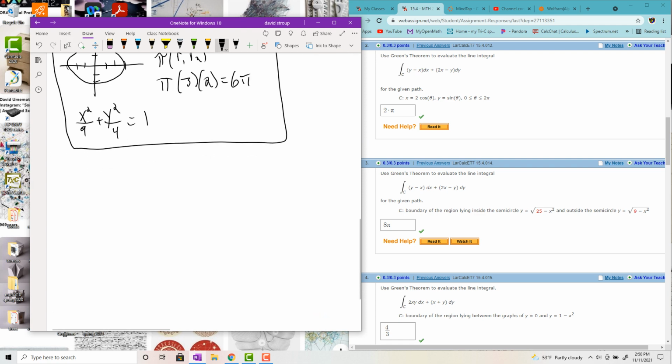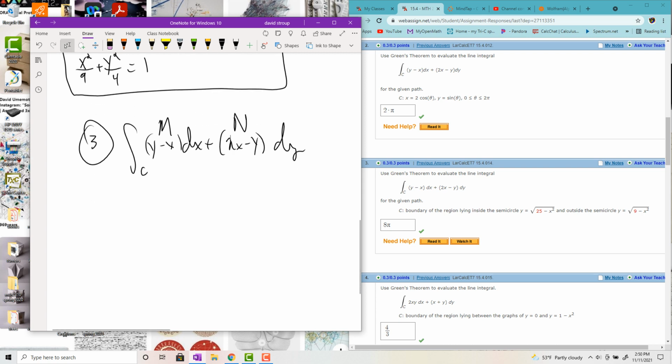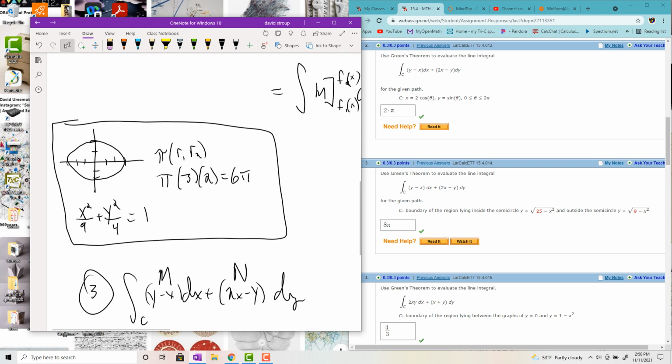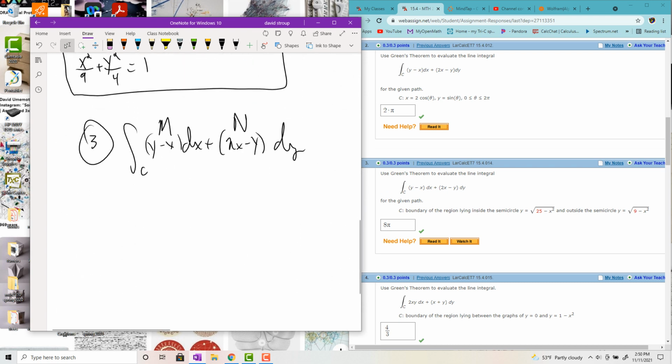Okay, so anyways, let's try number 3, I suppose. Use Green's theorem to evaluate (y minus x) dx plus (2x minus y) dy. Remember, this is M, this is N. It'll be the partial of N with respect to x minus the partial of M with respect to y.